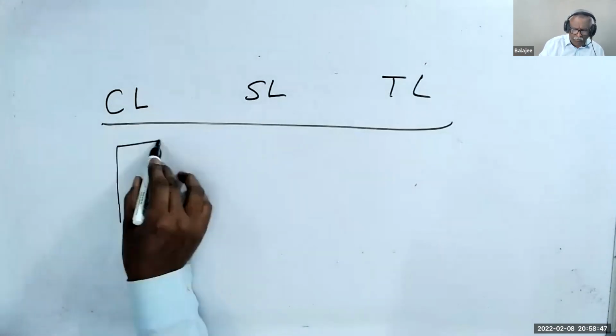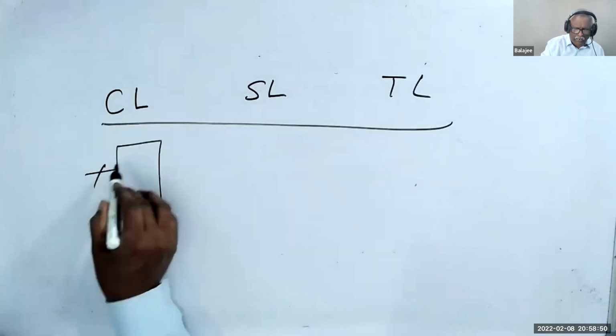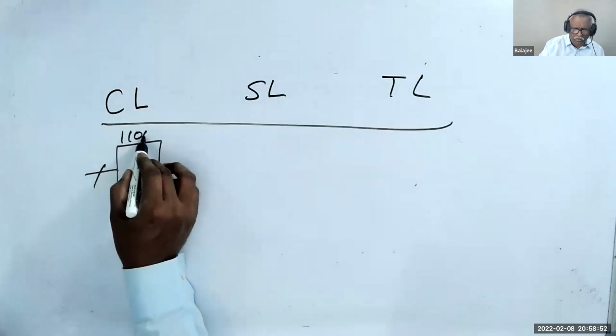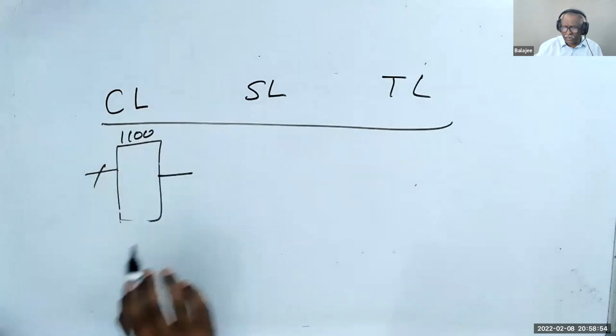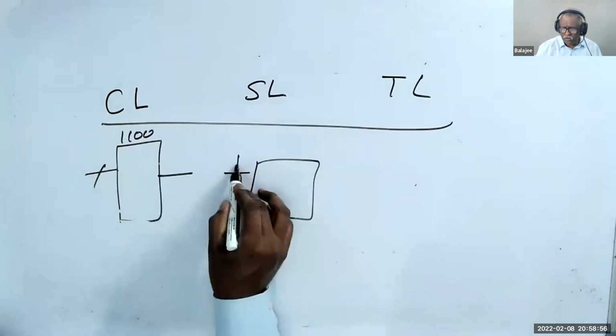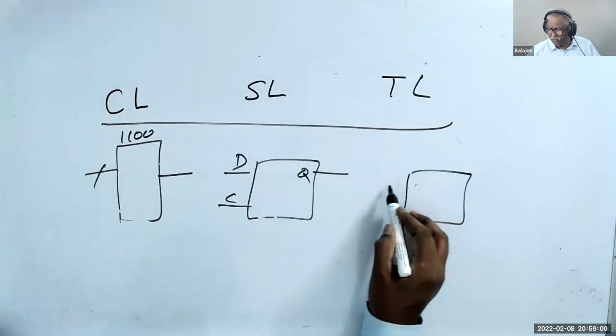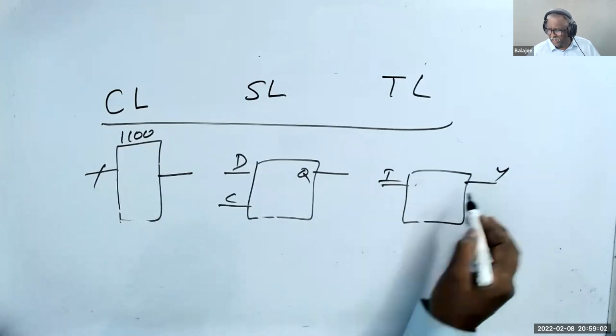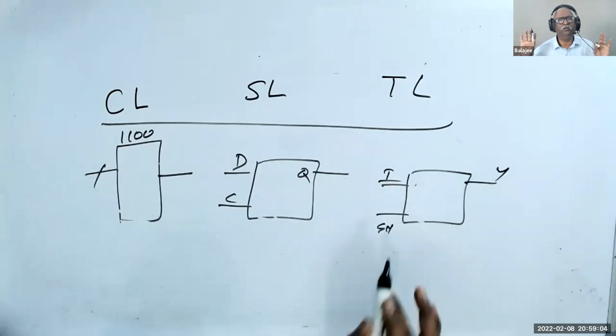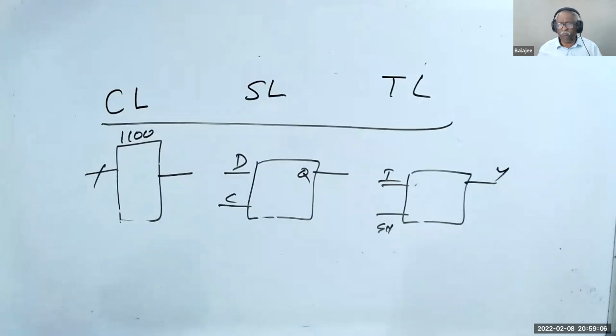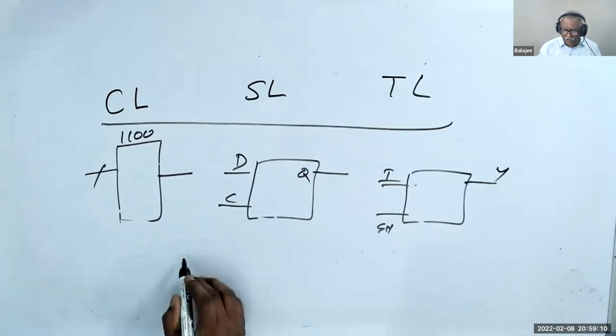CL is nothing but simple: I have some input, I have a name, I have output. And the SL is I have a D, Q, and C. TL is I have I, Y, and enable. That's it.